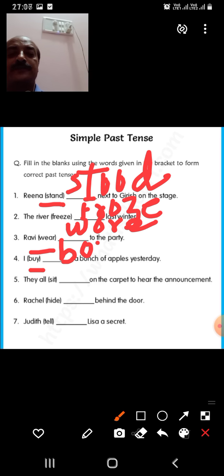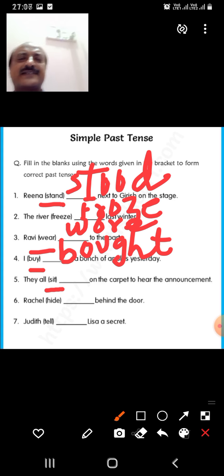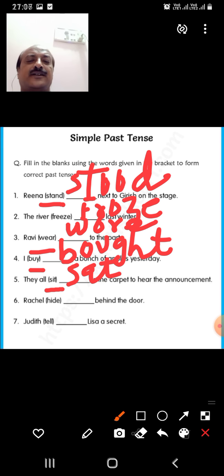I bought a bunch of apples yesterday. They all dash on the carpet to hear the announcement. They all sit. So what will be the past tense of sit? Sat. They all sat on the carpet to hear the announcement.